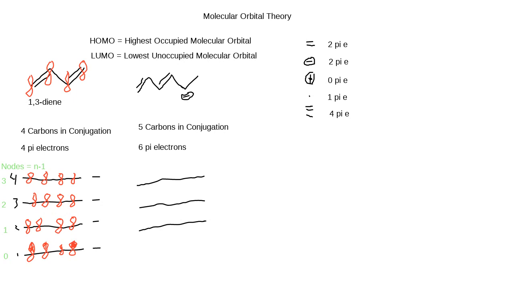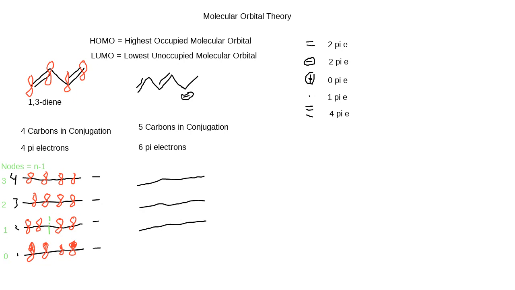Okay, 1 node means we have to draw a dotted line in the most equal position of the pi orbitals. So I see 4, and I'm going to divide that by 2, which gives me 2 and 2. So I'm going to draw a dotted line right there. More or less a dotted line.